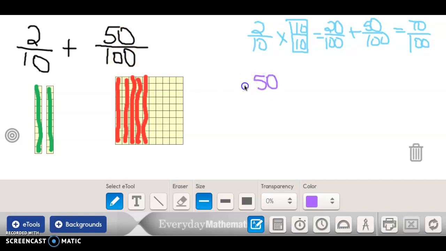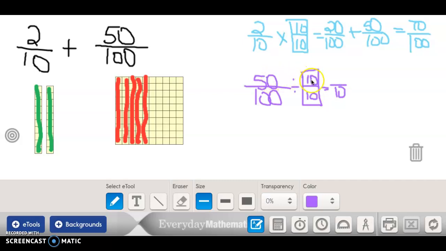So we're going to start with 50 hundredths. Instead of multiplying this time, I'm actually going to divide, and I know if I use the equivalent fraction rule, or big 1, if I divide 100 by 10, I will get tenths in my denominator. So again, I'm using 10 tenths.